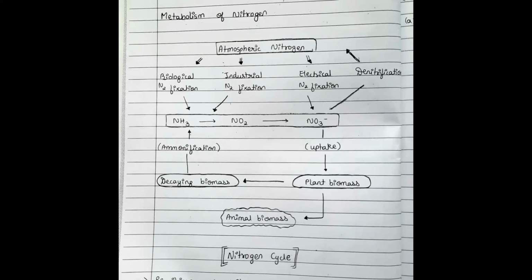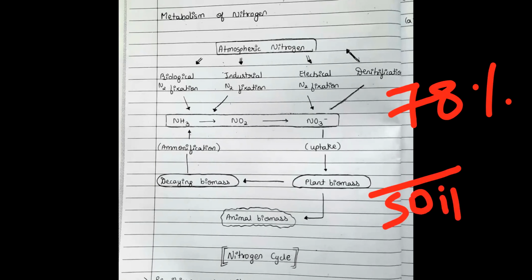So plants compete with the microbes for the limited nitrogen, because although the atmosphere has a very high amount of nitrogen, 78%, plants can take nitrogen only from the soil solution.